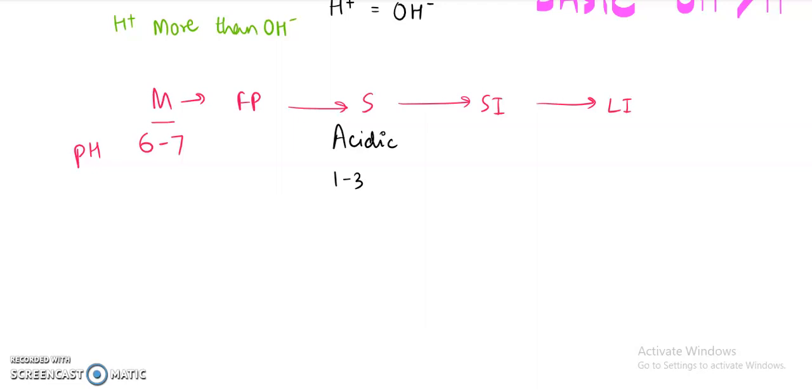In the small intestine, the pH is basic. If the pH is not basic, the digestion is not going to happen. That means it is more than 7 in the small intestine. So at each place, we require a specific concentration of H+ ions and OH- ions that will define the acidity and the basicity, and that will help in the digestion process.